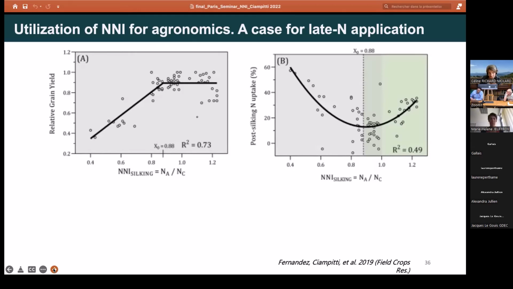But then we took another step, and since we have all the data, we looked at whether there was any relationship between nitrogen nutrition and post-silking N uptake. Because we hypothesized that if the post-silking N uptake was larger, it's because we had deficiency earlier. As simple as that.